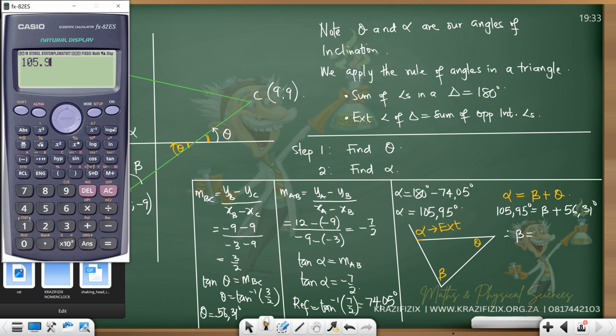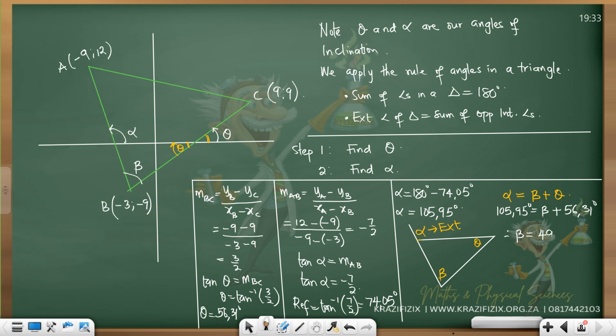This we need to repeat. Right, you will see this in a question. Virtually in every grade 11 question. 49.64 degrees. Exterior angle.